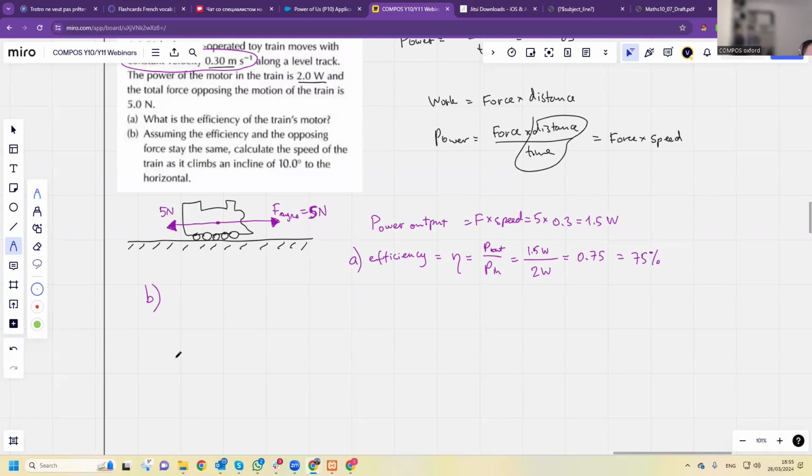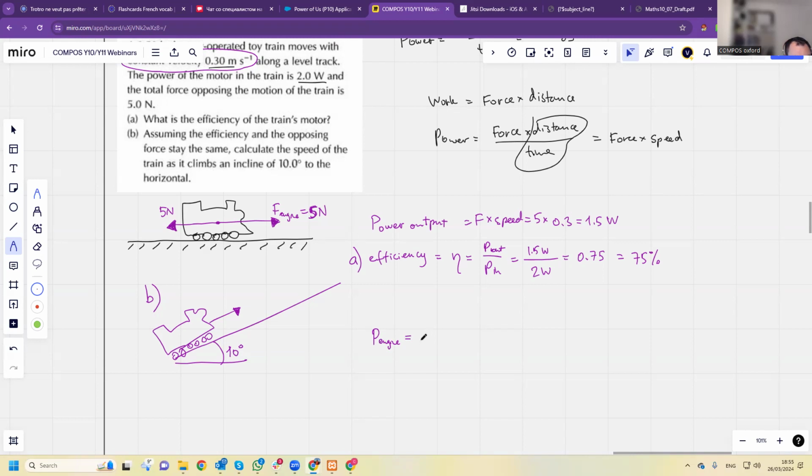We have a train going up an incline, 10 degrees, and well, it's gaining gravitational potential energy.